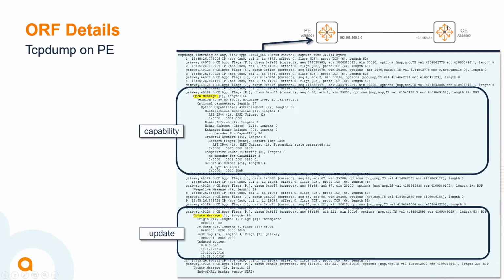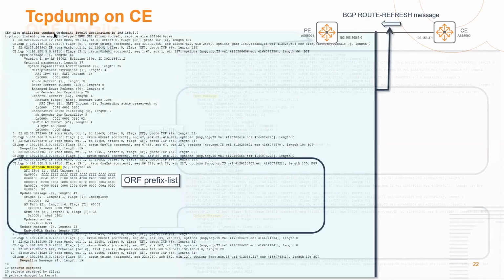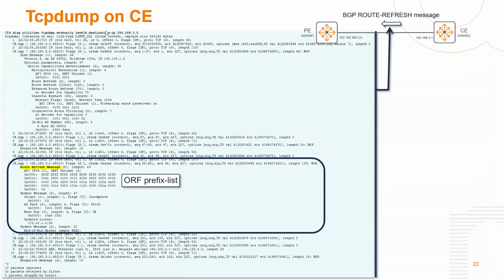And on the CE, for the route refresh message, if you capture the tcpdump here with the diag utilities, with tcpdump verbosity for traffic with the PE as destination, collected on the CE, you will see the route refresh message and a bit more detail.